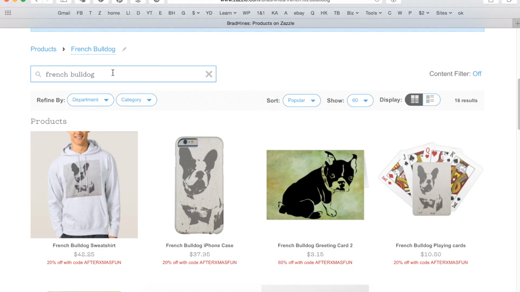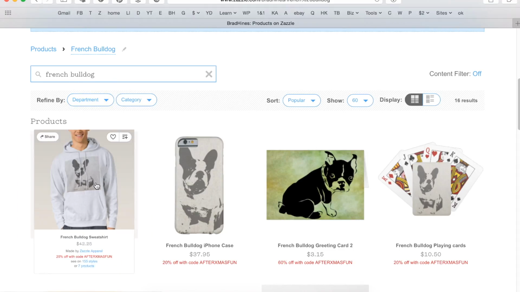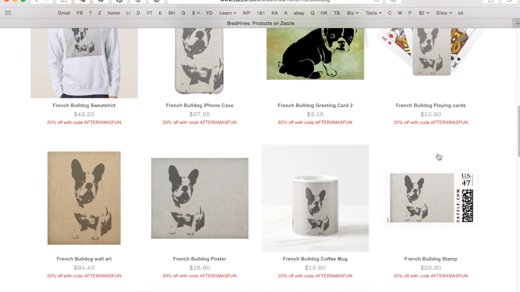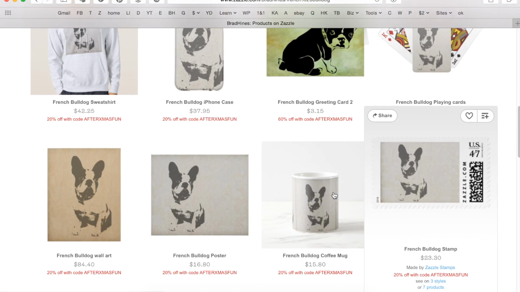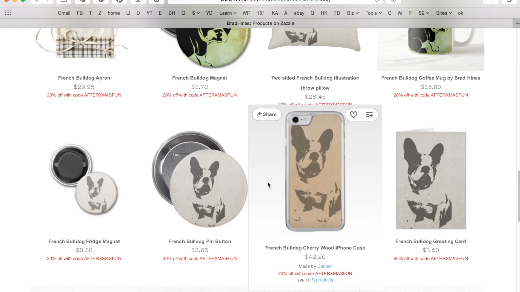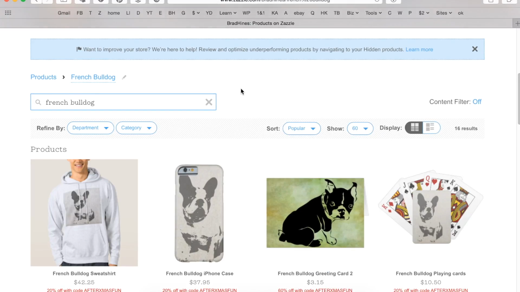And again, it's more specific than just using the keyword dog. So here I have French bulldog, and I have two different images, and you can see that I've got it on numerous products. I have it everything from stamps to mugs, posters, pins, pillows. And this improves your chances of selling a given image, obviously, to put it on multiple products.